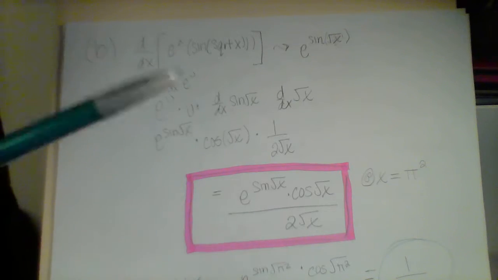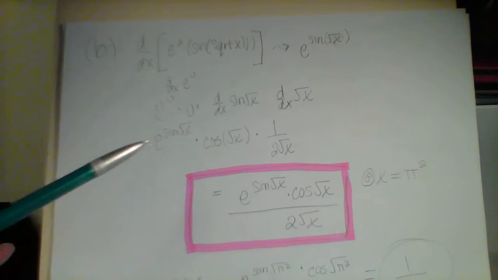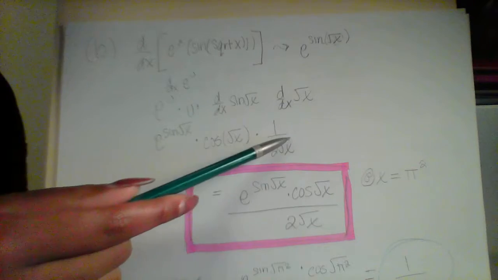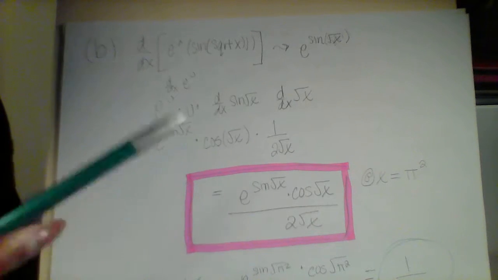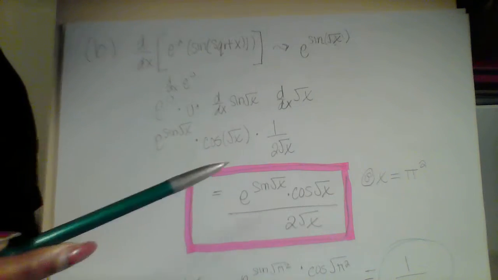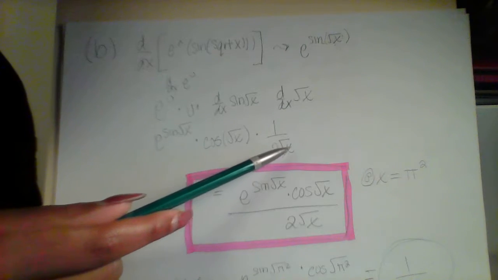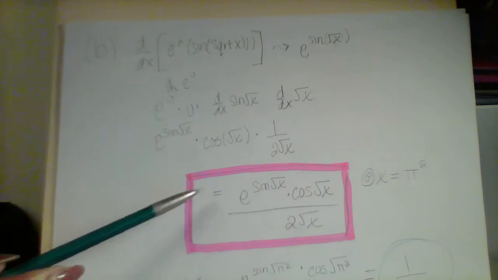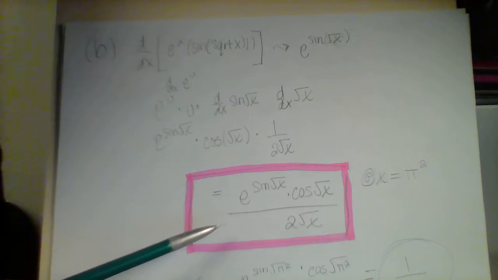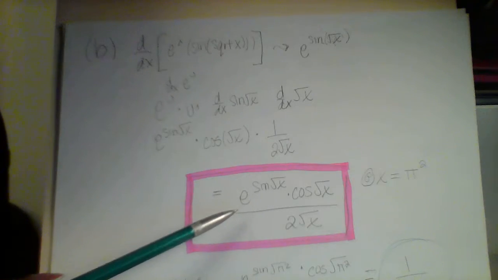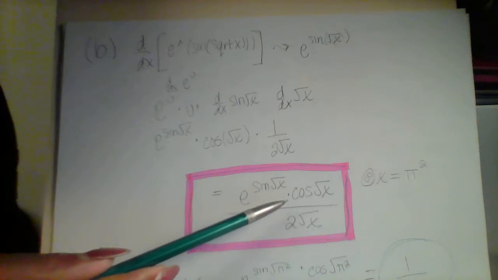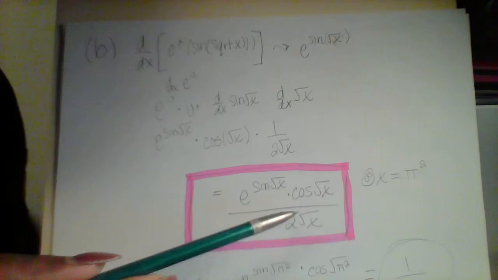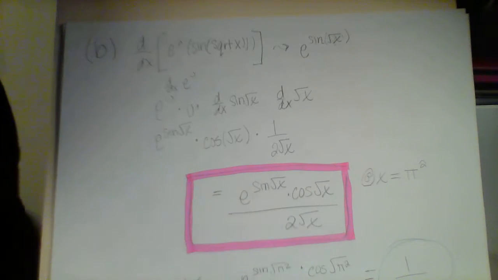You multiply the coefficient in the beginning, which is 1/2, and then you move it to the bottom of the denominator. So the derivative of square root of x is just 1 over 2 square root of x. When you simplify this and put it in fractional form, you'll get e raised to the sine square root of x times cosine of square root of x over 2 square root of x.